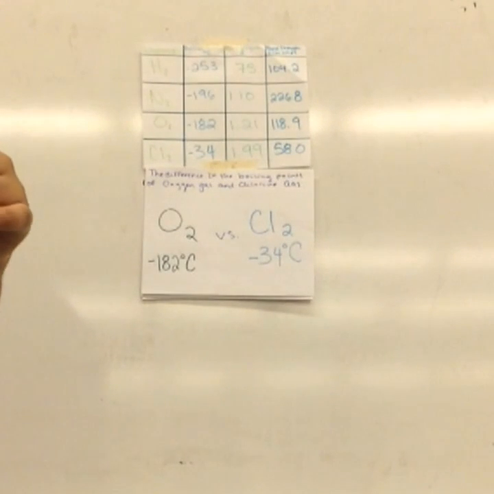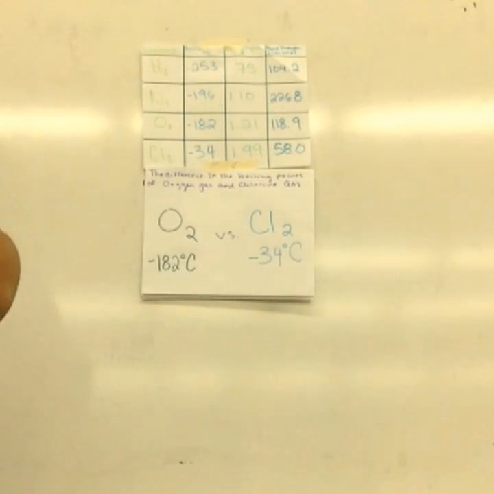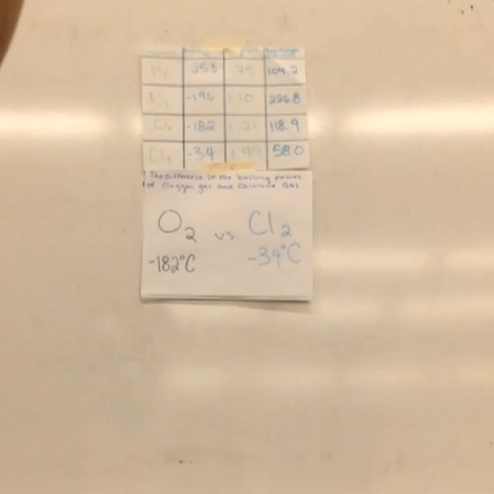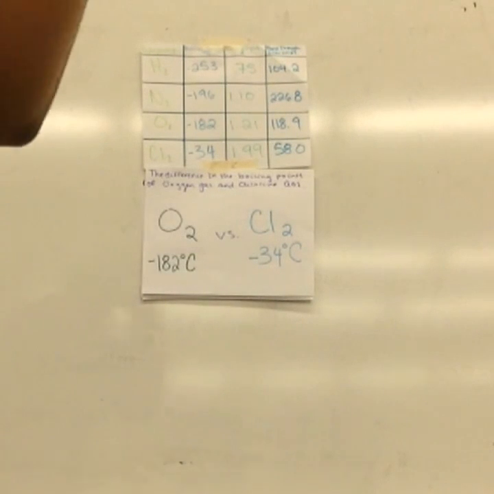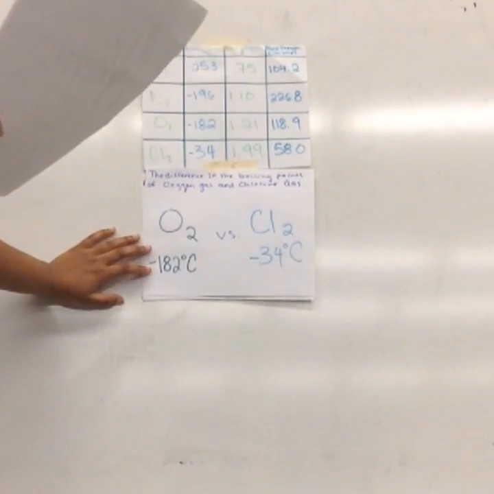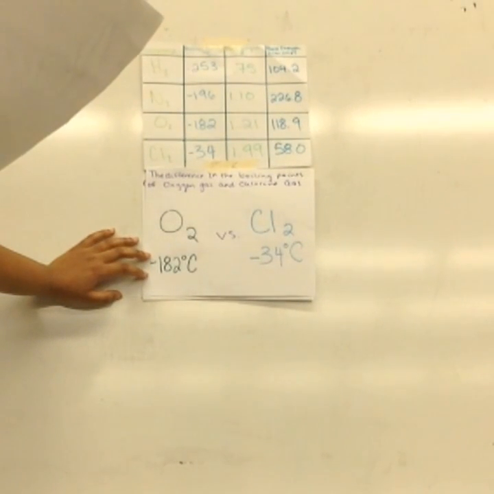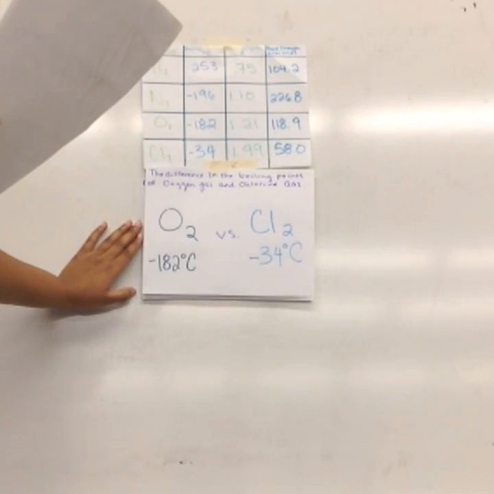Okay, and the next one asks the difference of the boiling points of O2 and Cl2. This one also has to do with the size of the molecules. As you see, chlorine boils a lot higher than oxygen boils at. Chlorine has a bigger molecule than O2.